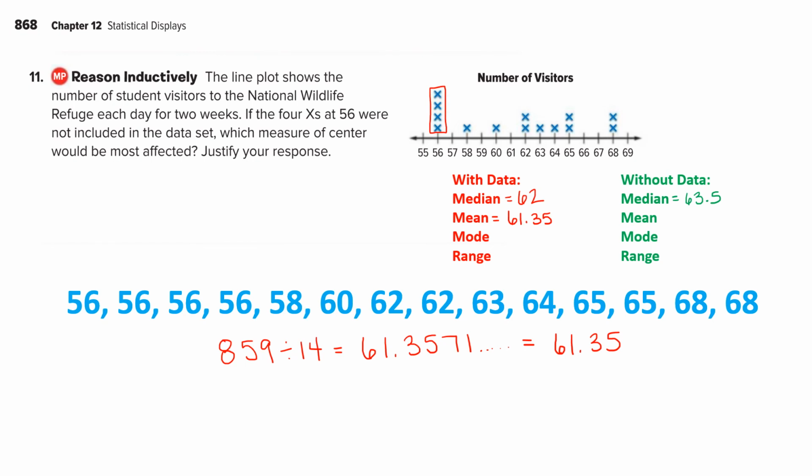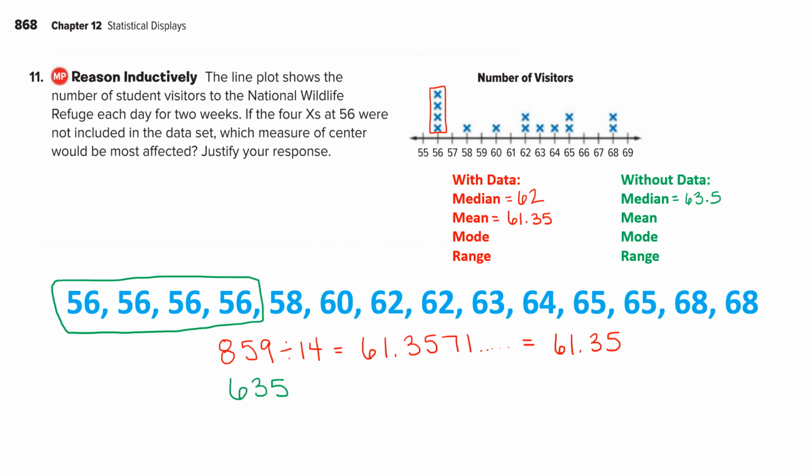Now we're going to take a look at the mean without the 56s. If you add 58, 60, 62, 62, 63, 64, 65, 65, 68, and 68, you should get 635.